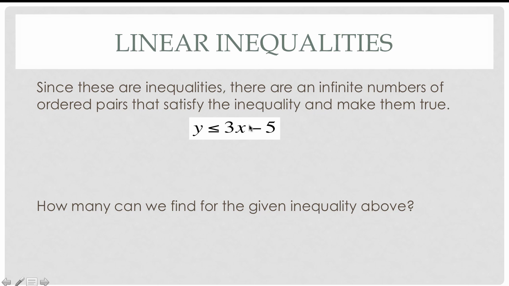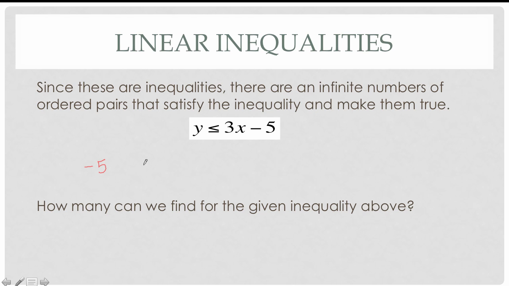Since these are inequalities, there's an infinite number of ordered pairs that satisfy the inequality. We're not looking for one solution, we're looking for all the possible solutions. So let's find some in here. I need y values that are less than or equal to 3 times x minus 5. Well, one solution could be -5.